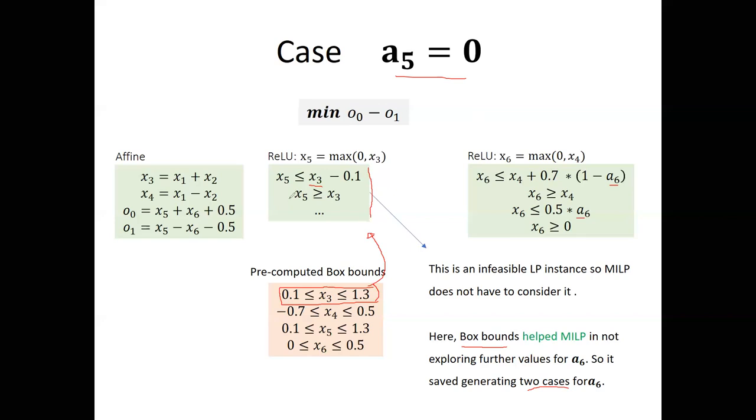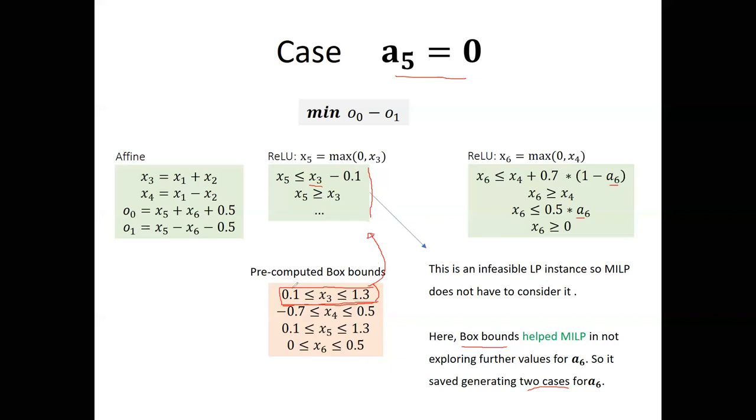Notice that even if you had computed tighter bounds for X3, since there's a relatively loose over-approximation here for X3, say something like 0.5 to 1.1, you'd still get unsatisfiable.